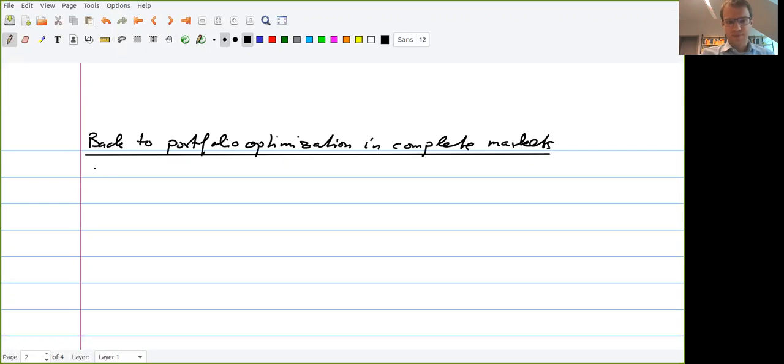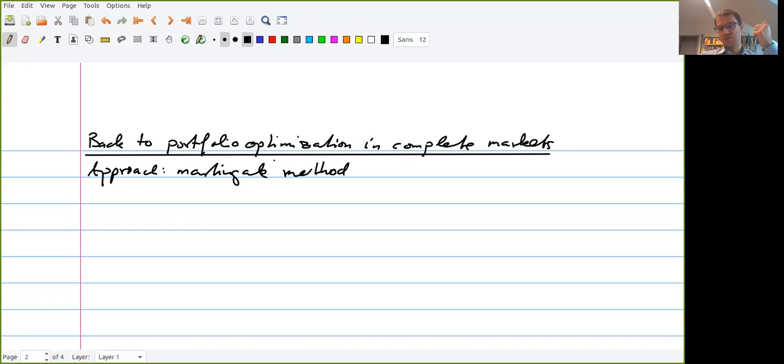So our approach is the martingale method. Right? What we understood is, if we want to solve this portfolio optimization in a complete market, which asks us to maximize the expected utility of our terminal wealth, we might want to split the problem into two problems.